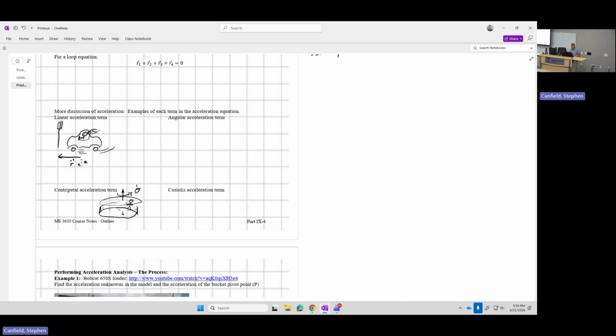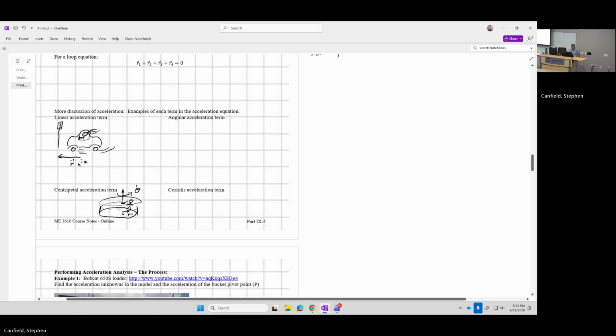Now, we just said that your acceleration is toward the center. So the vector is going out to you. The r e to the i theta is going that way, but the acceleration, the negative r theta dot squared, is going that way.